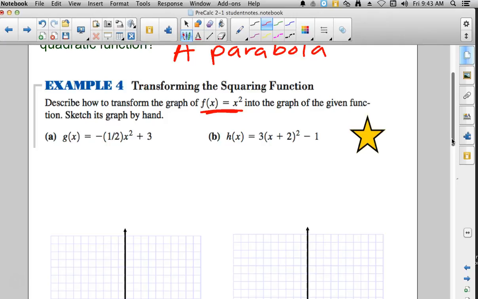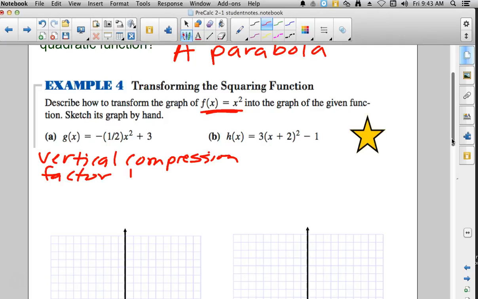Think order of operations. We would start here, but there's no transformation taking place here, so there's no h shift, horizontal shift. But we have to tell what these are responsible for. So what's the negative 1/2 responsible for? Vertical compression, factor of 1/2. How about the negative? What's that doing?